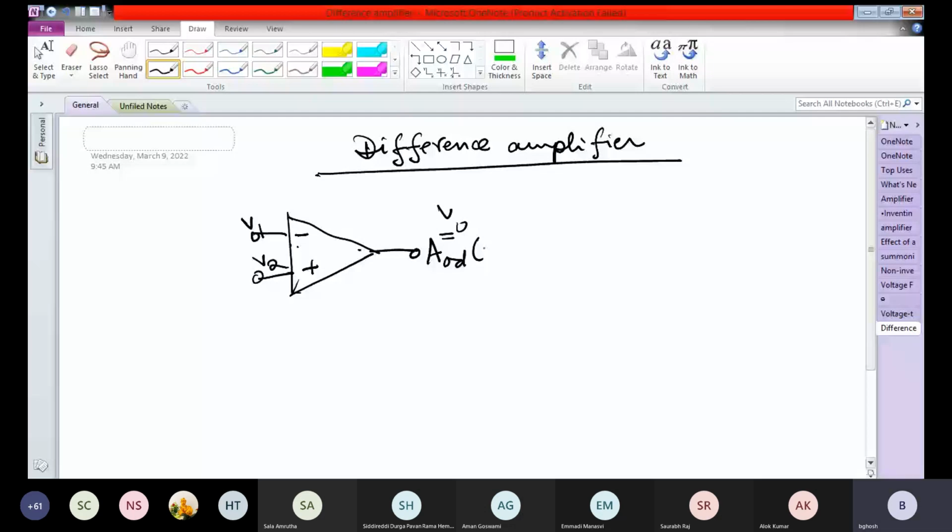But we want a difference amplifier such that this amplification factor is in my control again. It will depend only on the resistance values which we are adding externally.